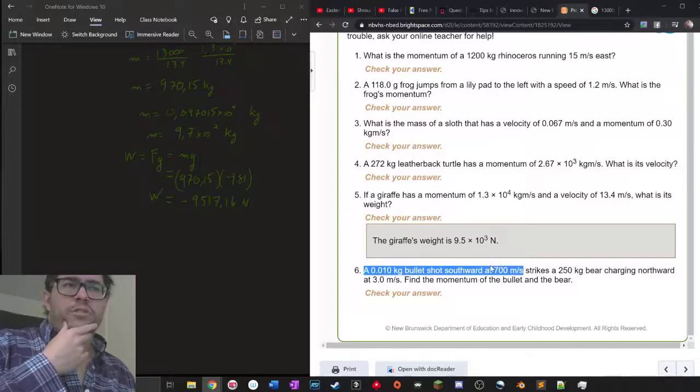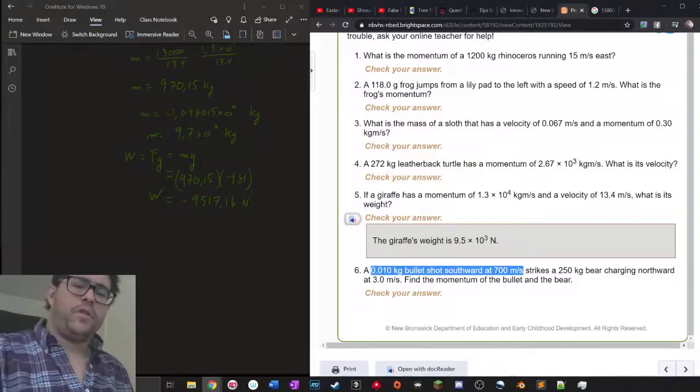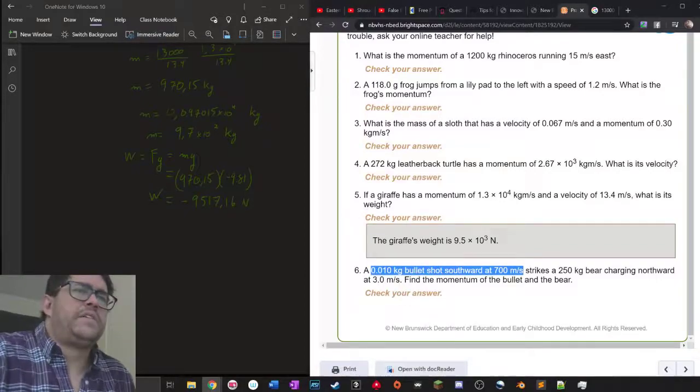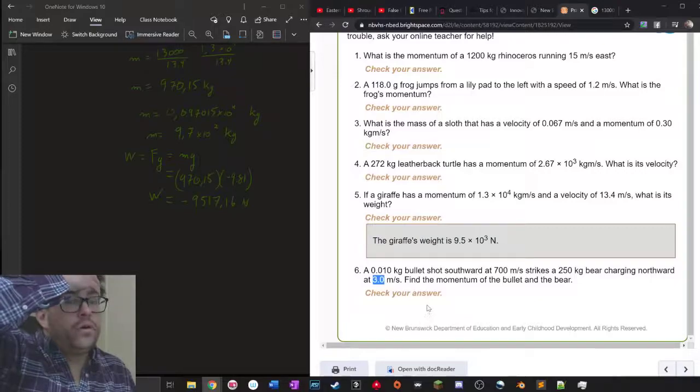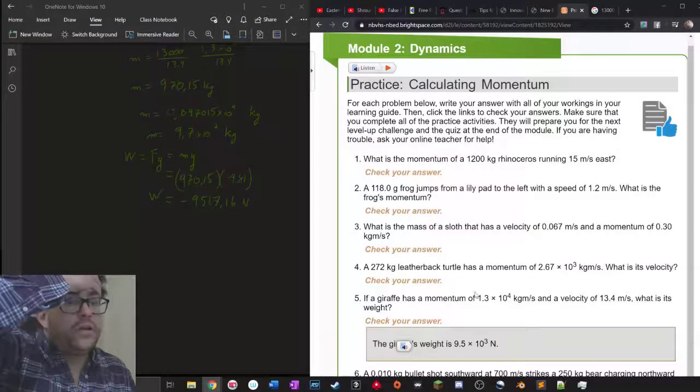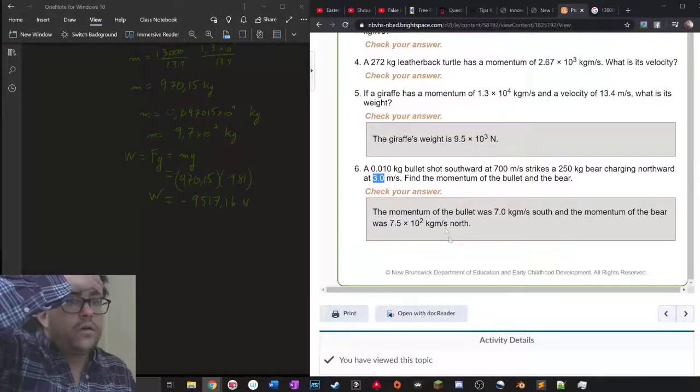So this times this will be 7, right? 1% of 700 is 7. And then 250 times 3 will be 750. Sorry, I have a headache. Right, so 7 instead of 700, and 750 north is the direction of the vector.